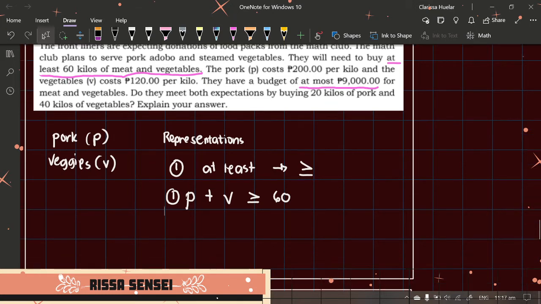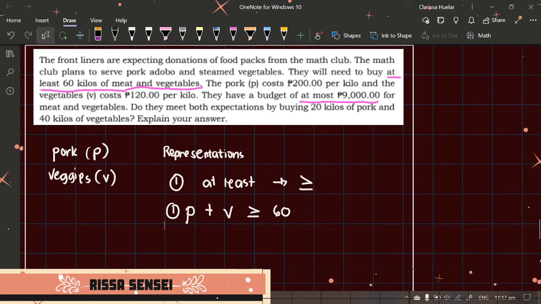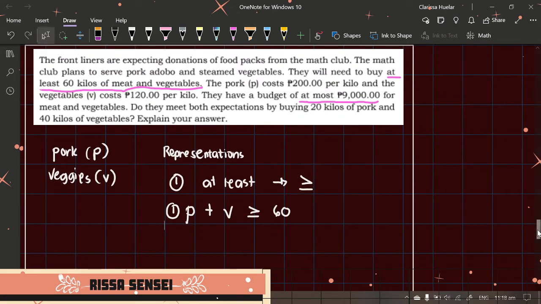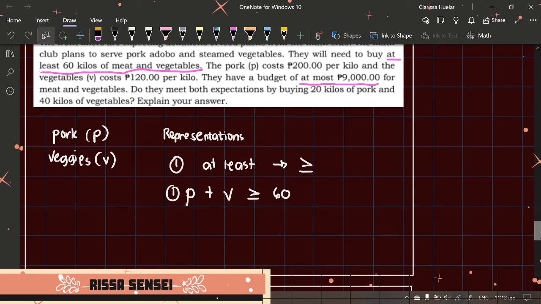Okay? Next, they have a budget for at most 9,000 pesos. So, hindi dapat siya lalagpas ng 9,000 pesos. This is the maximum. Okay? Malaking pera kasi donations yung pinag-uusapan. Ang kilo daw ng pork ay 200.